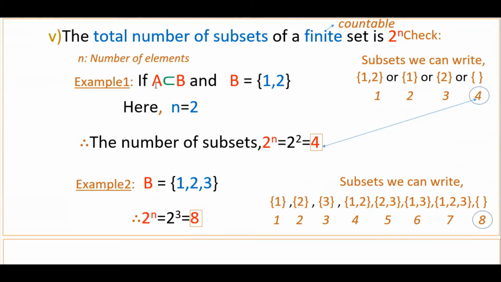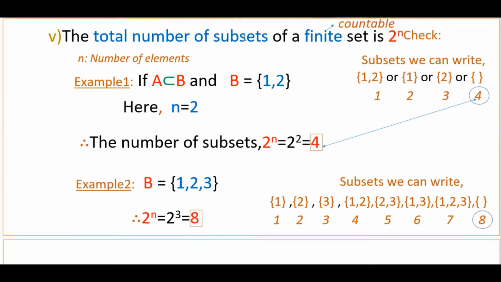For example, if A is a subset of B and B is equal to {1, 2}, here n is equal to 2. There are 2 elements, so n is equal to 2. Therefore, the total number of subsets is 2 to the power of n, which is 2 squared, that is 4.